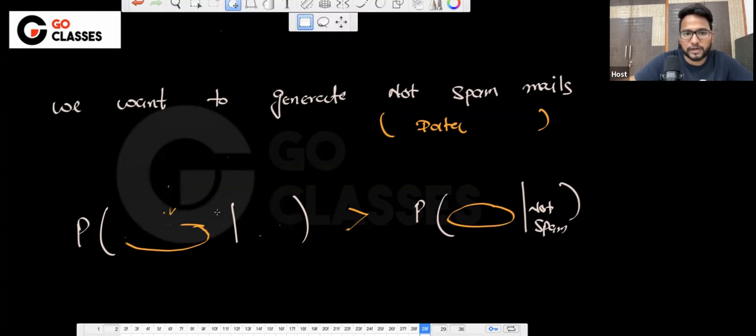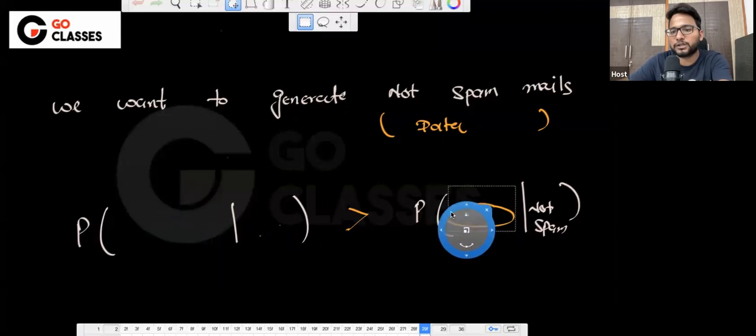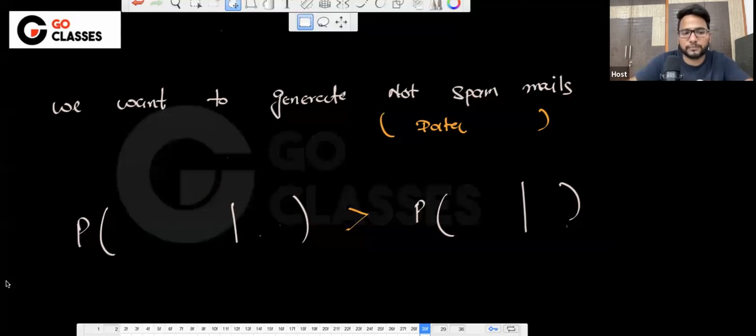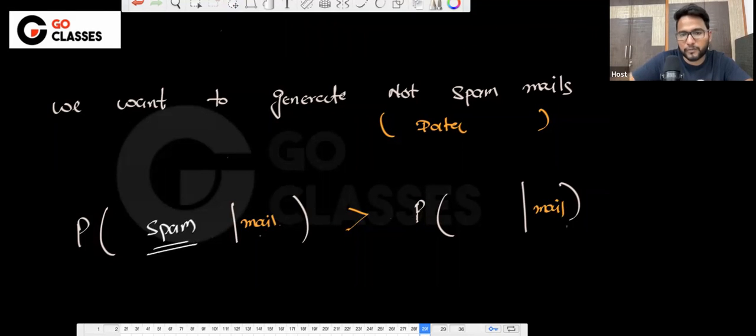Actually, it is obviously not relevant, but I'm just telling you that this joint probability distribution is very, very helpful. Suppose this mail is here. Given the mail, you want to check whether it is spam or not spam.